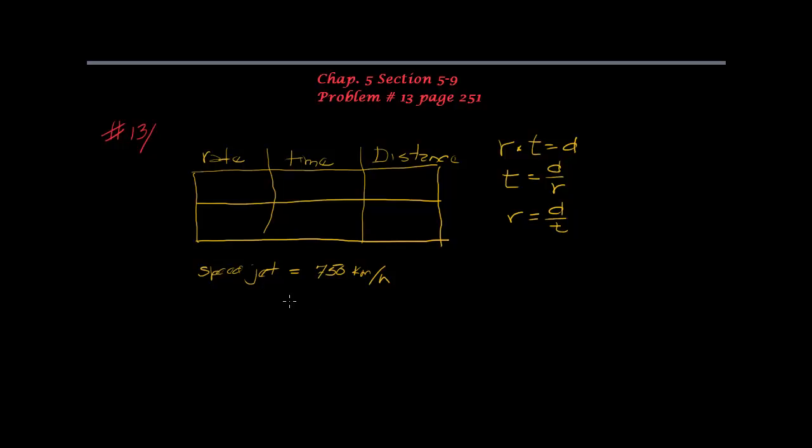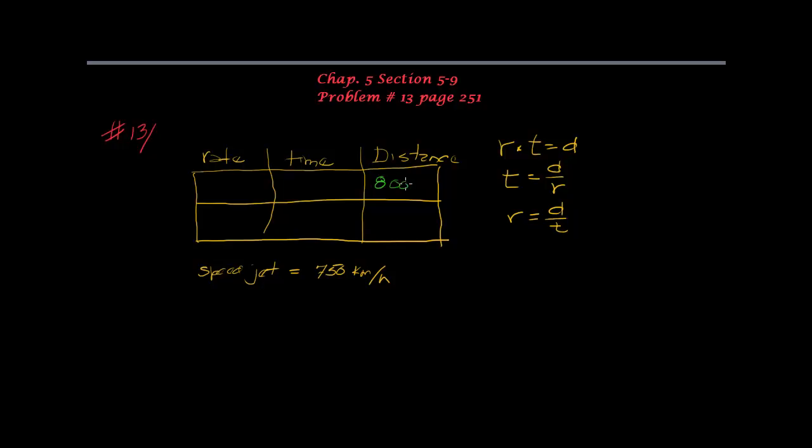We are also told that the jet lifts off at its base and flew 800 kilometers against the jet stream, and then it returned to its base with the advantage of the jet stream. So look, the distance therefore is the same.